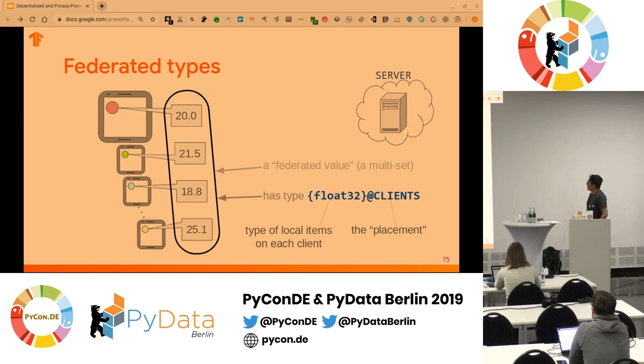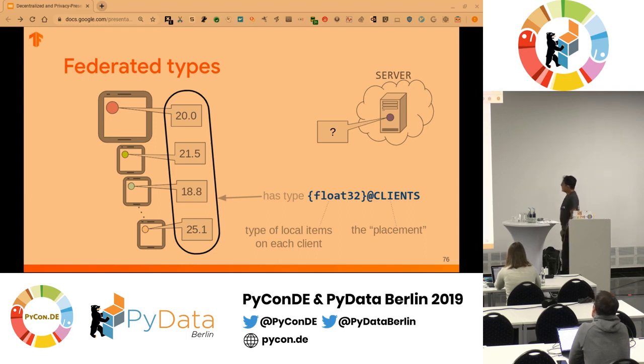Let's not throw the server in the mix, right? Now, if you remember the example, the problem was to find the fraction of devices that had a temperature higher than a particular threshold, right?